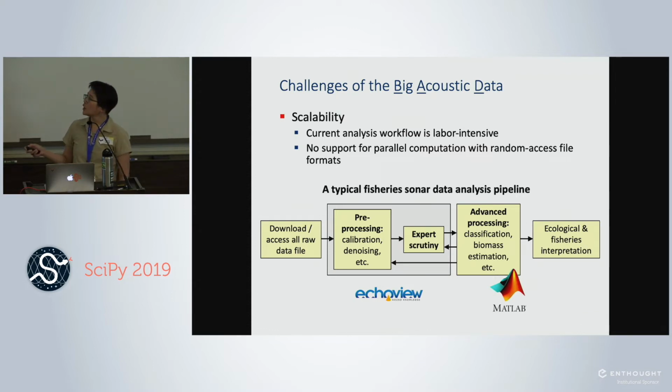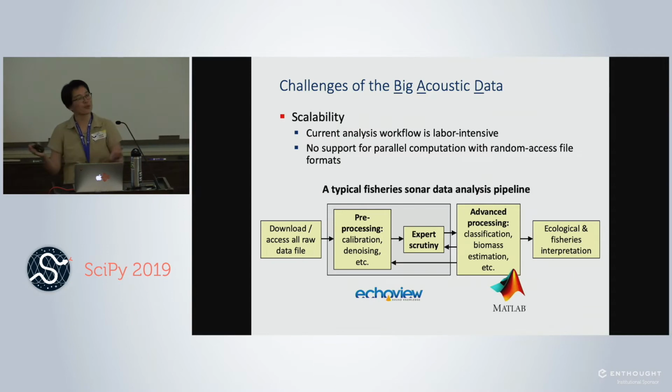What I'm showing here is a typical fisheries sonar data analysis pipeline. We start from the left with downloading or accessing data from a server, and then very quickly import all this data into a software and do pre-processing like calibration, denoising, and data averaging. Then it goes to the expert scrutiny stage, which actually requires a human to sit there and scroll through the echogram to look at interesting features.